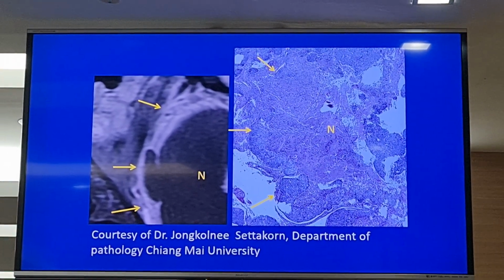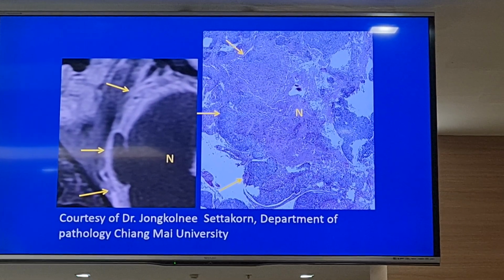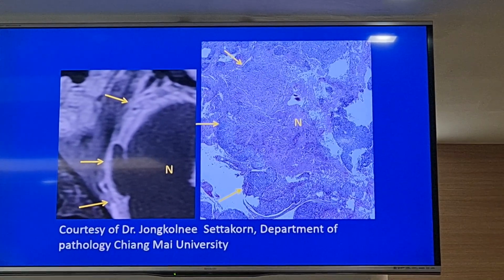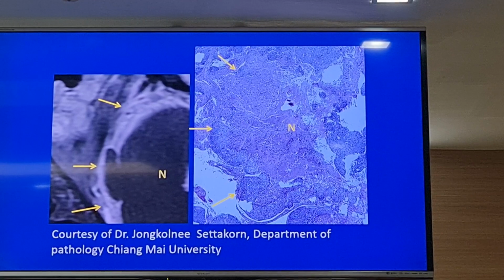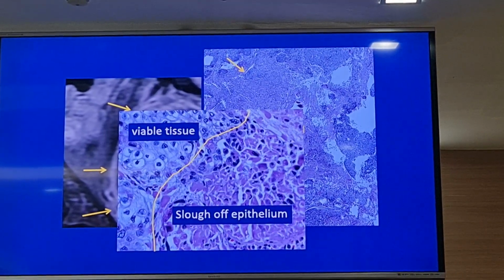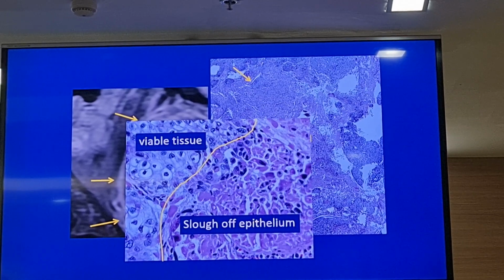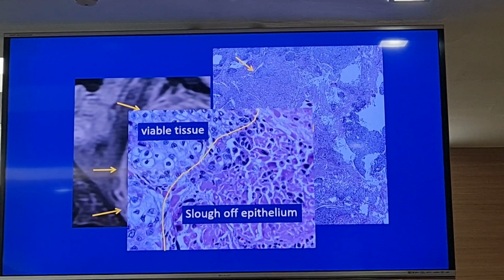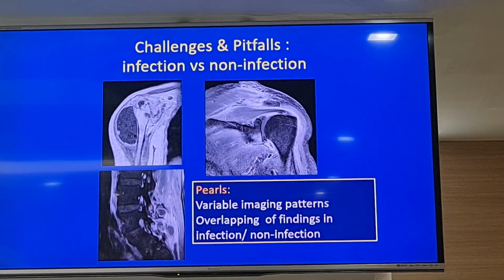So the bottom line is, please be aware that other things like tumor and crystal deposition disease may look like infectious disease as well. When you look closely, you see the viable tissue that has cells, and this area is blocked off by the epithelium. So this is a metastatic carcinoma.